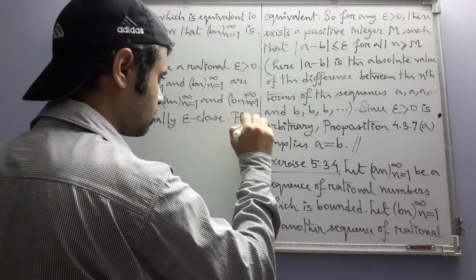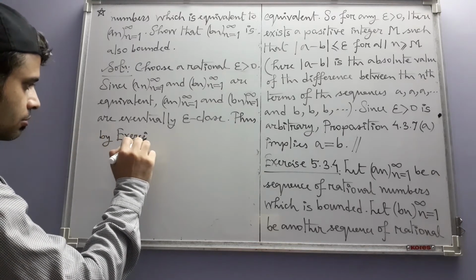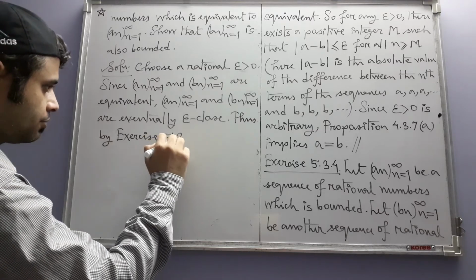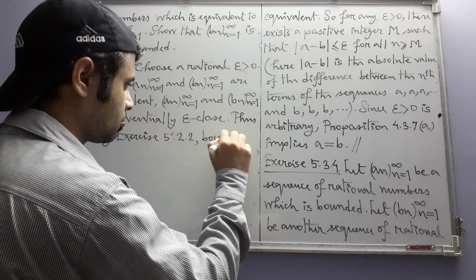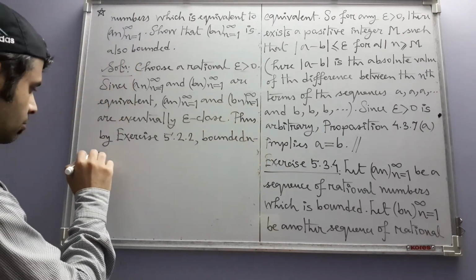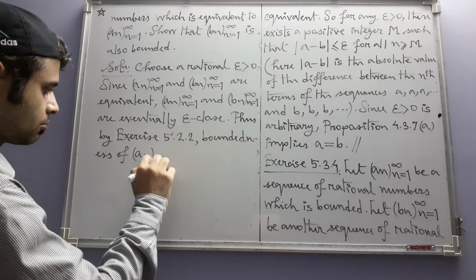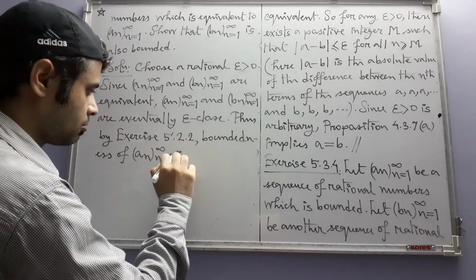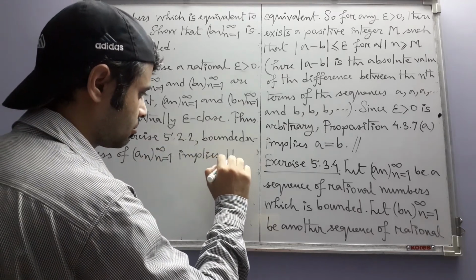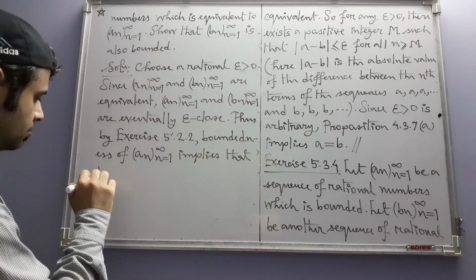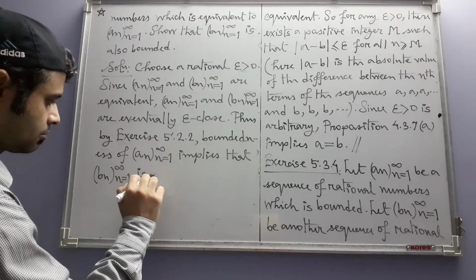Thus, by exercise 5.2, boundedness of An implies that Bn is also bounded.